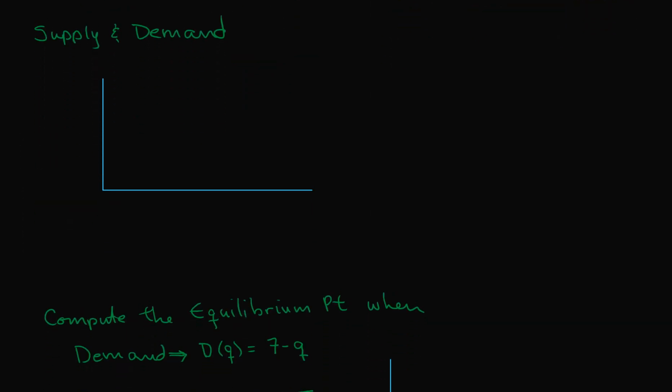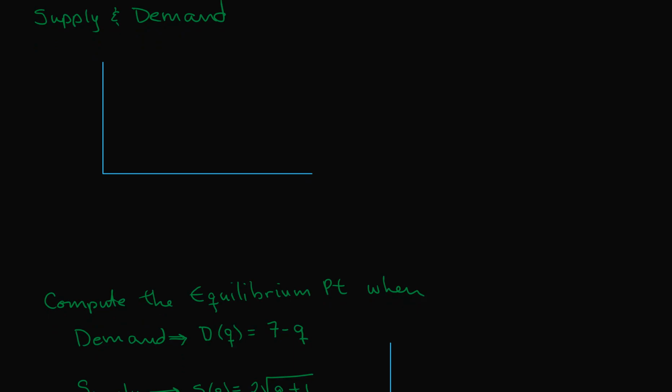A situation that we're going to commonly look at a number of times is that of supply and demand. Demand is contingent on price. So what's going to wind up happening is we're going to have our price over here. The price depends, and the number of units is going to be here.